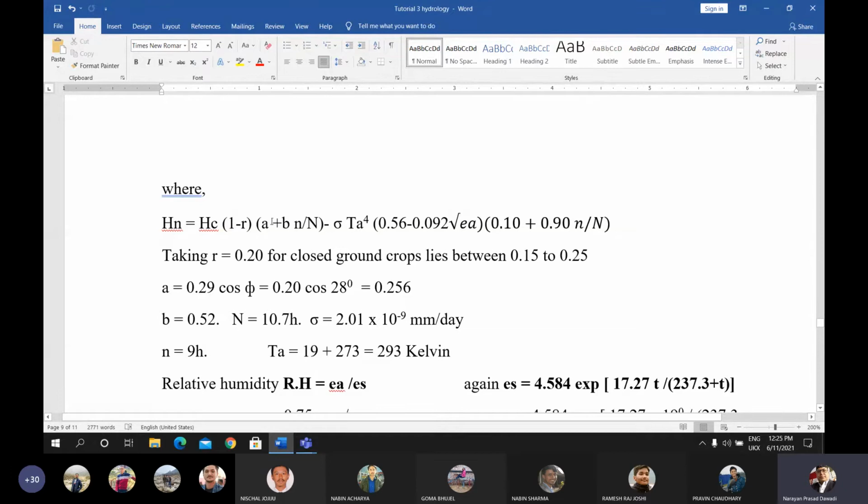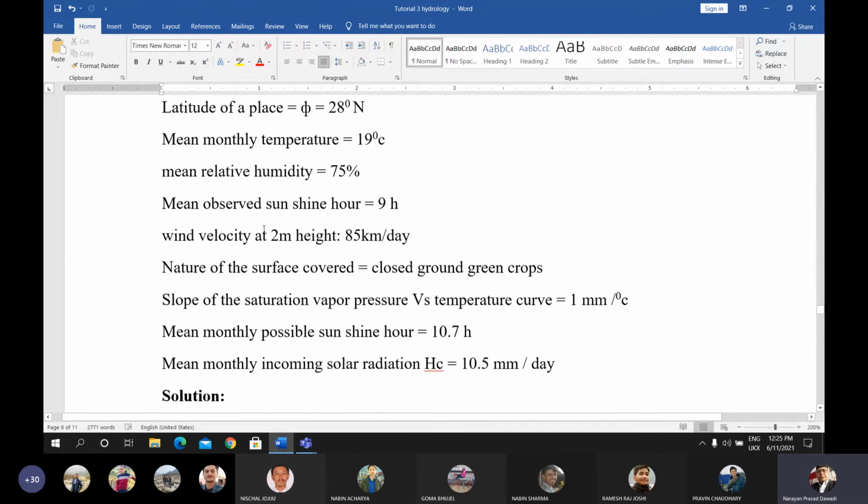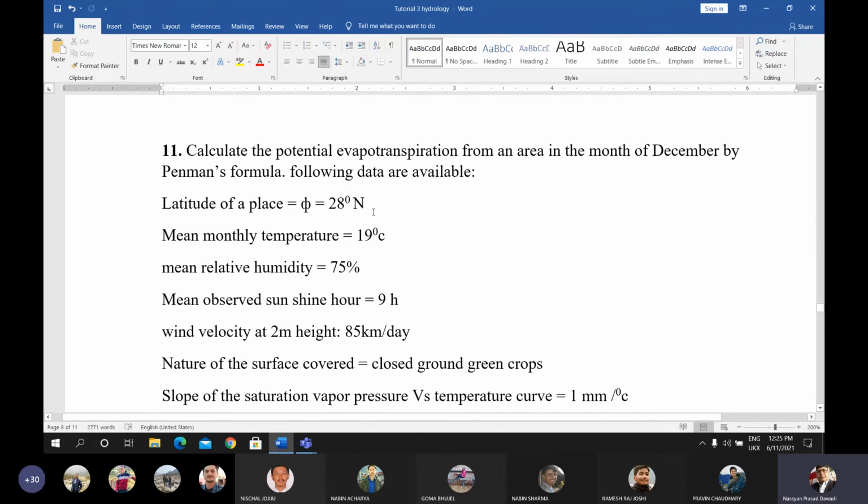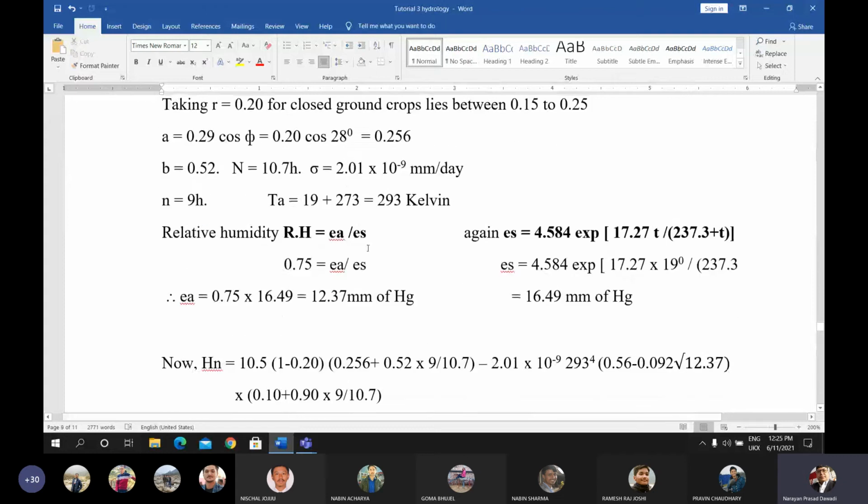Now a is the constant which depends upon the latitude of the area, and that is calculated by using the formula 0.29 cos latitude, and latitude is given as 28 degree. Now, with the help of this you can find the a value as 0.29 into cos 28 degree, which gives the value of 0.256.